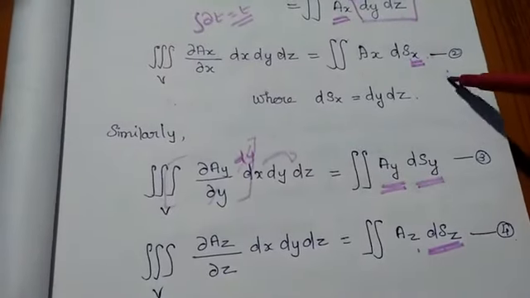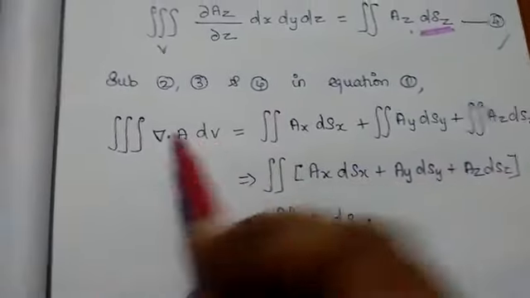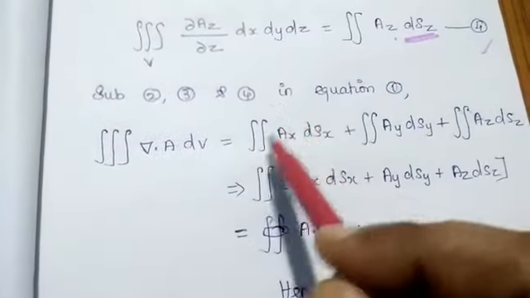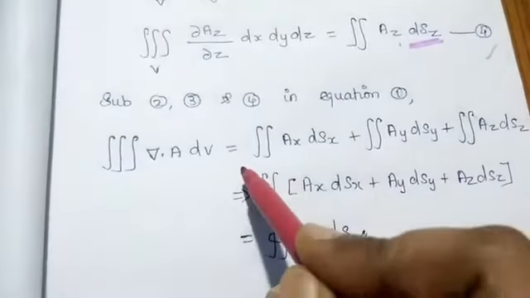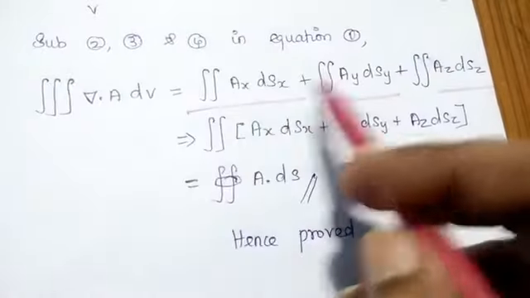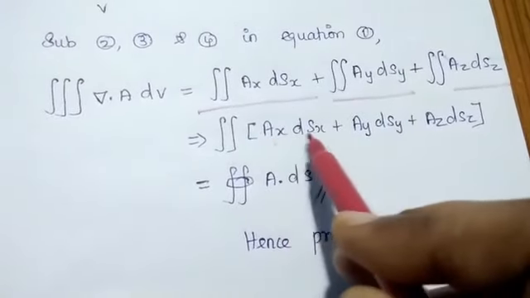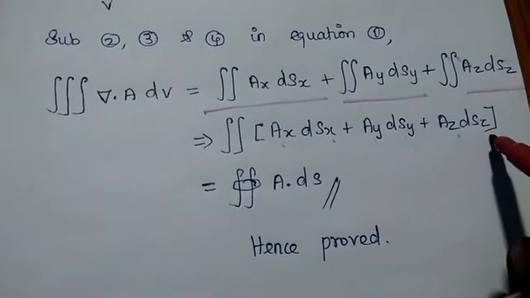Now we are going to substitute the second, third and fourth expressions in our first equation. What is our first equation? The volume integral of del dot A dv is equal to the volume integral of each component. That can be replaced like this: the x component, y component and z component. Now the double integral is common for all, so we can take it outside: Ax dsx, Ay dsy and Az dsz.